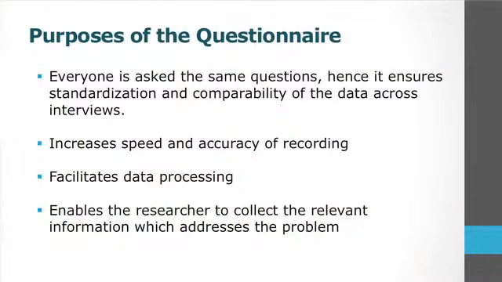And at the same time, there would be a lot of personal bias which may also come in. Hence, it is increasing the speed and accuracy of recording. It also facilitates data processing and enables the researcher to collect the relevant information which addresses the problem.